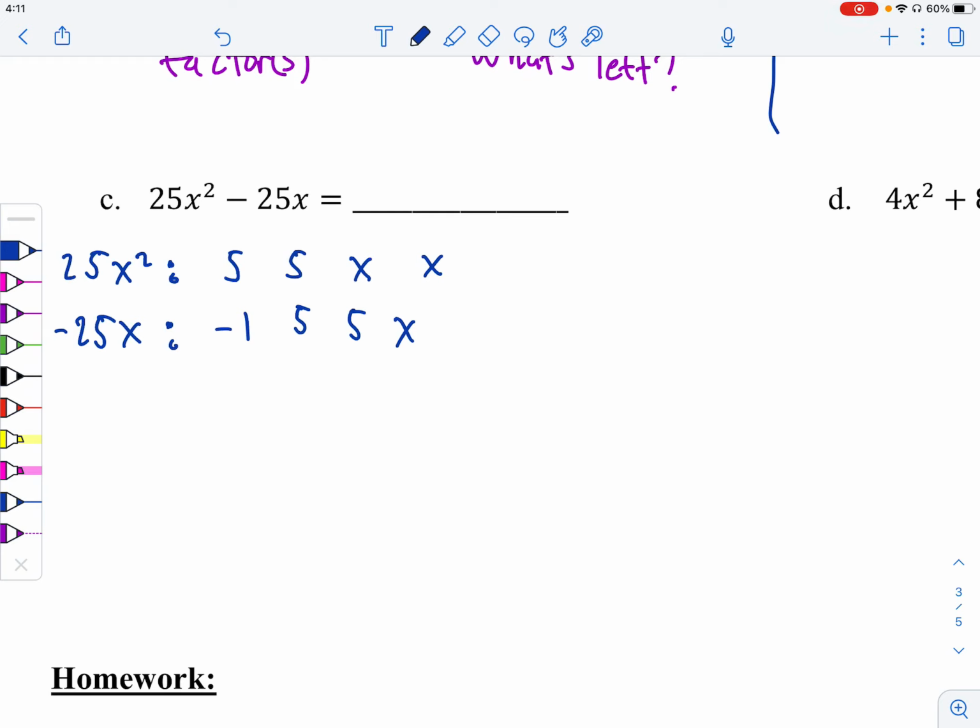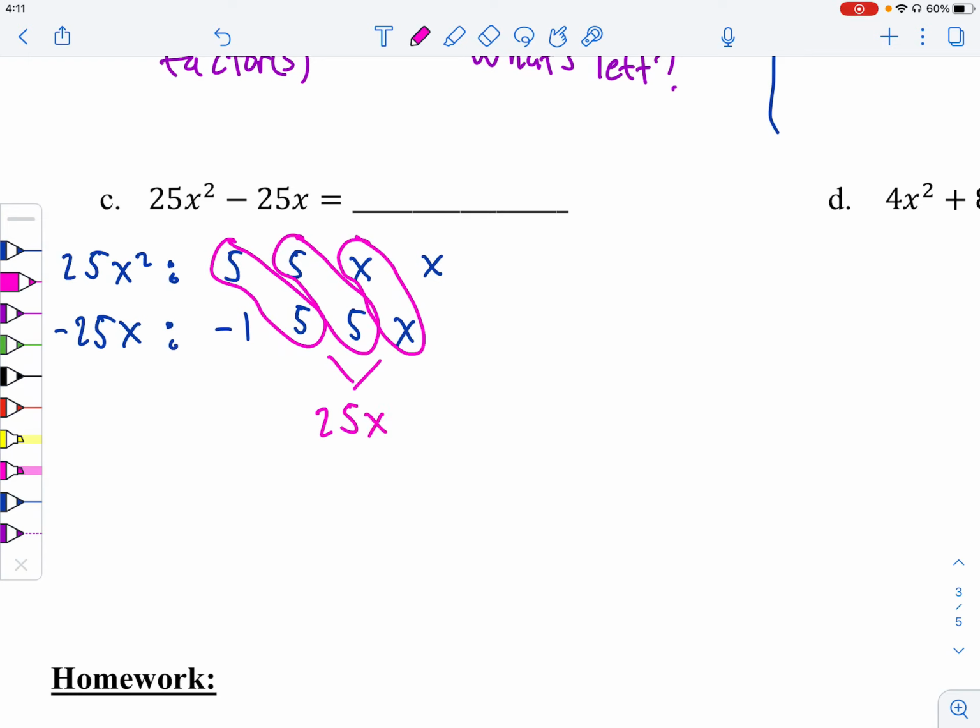It tells us what all the factors are, just to make sure you can write it out. Then we look at what is common. We have a 5 here, we have another 5, and we also have 1x. So that's common. Together, 5 times 5 is 25 with an x.